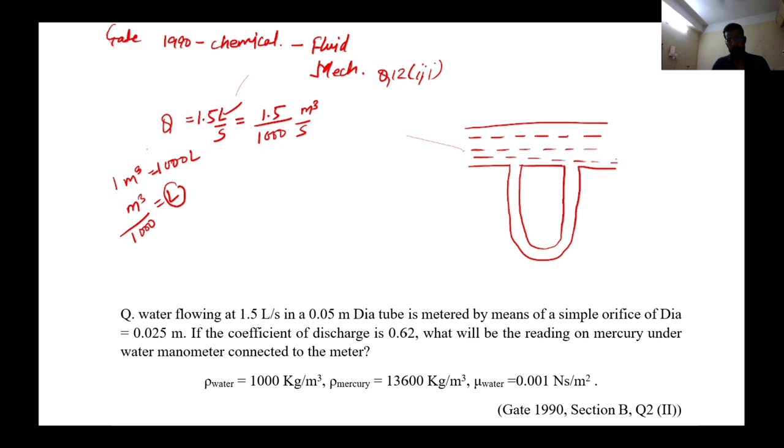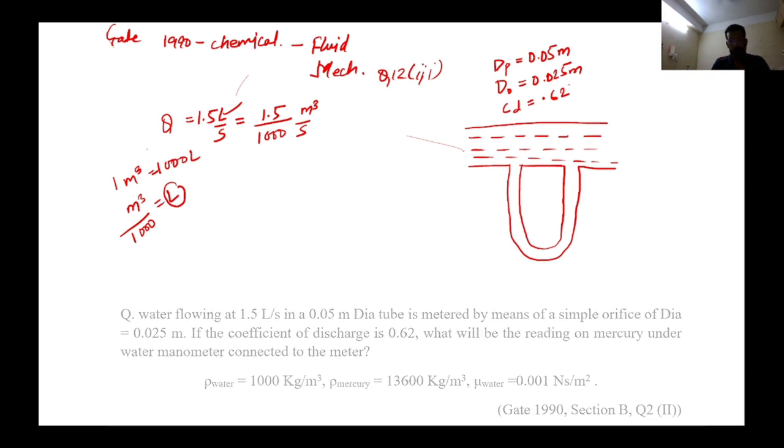So the diameter of pipe is equal to 0.05 meter, by means of a simple orifice, diameter of orifice is equal to 0.025 meter. If the coefficient of discharge CD is 0.62, what will be the reading on the mercury under water manometer connected to the meter? Density of water is 1000, density of mercury is given, and viscosity of water is given.